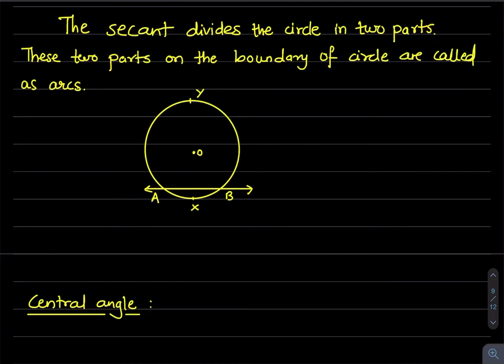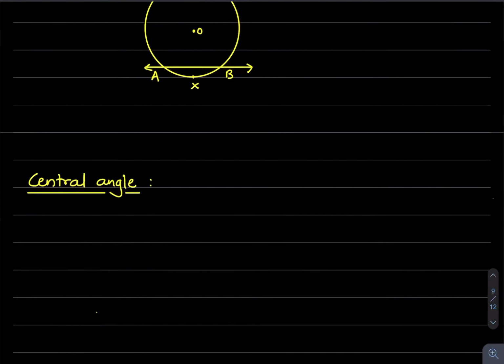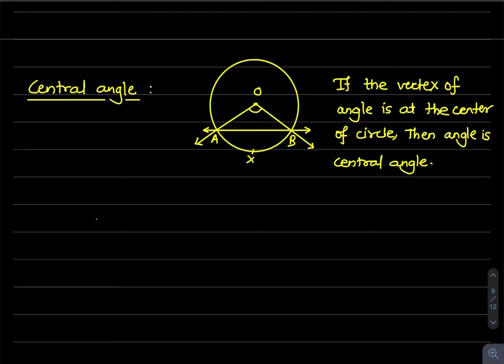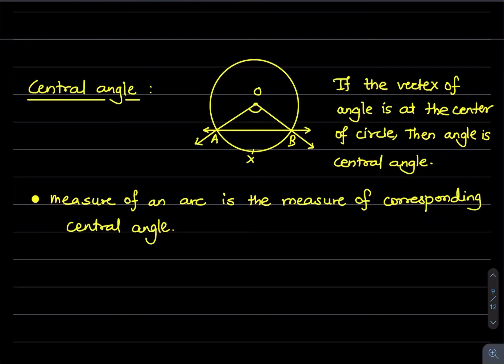So the first concept is the central angle. A central angle is the angle which is made by the arc at the center of the circle. So the vertex of this angle should be the center of the circle. If the vertex of the angle is at the center of the circle, then the angle is a central angle.